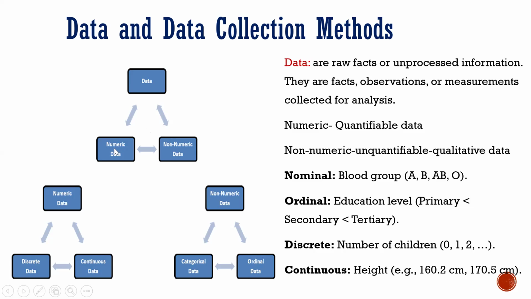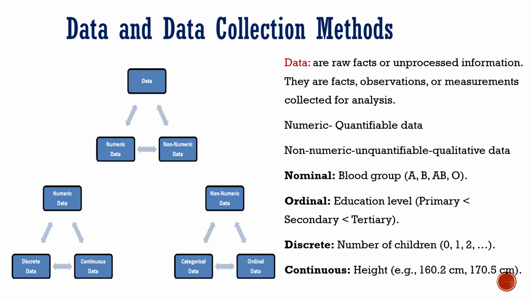So when it comes to numerical data, there are two different types: we have the discrete data and we have the continuous data. What are discrete data? Discrete data are those data that are in the form of whole numbers or integers, like 1, 2, 3, 4, 5, 6.